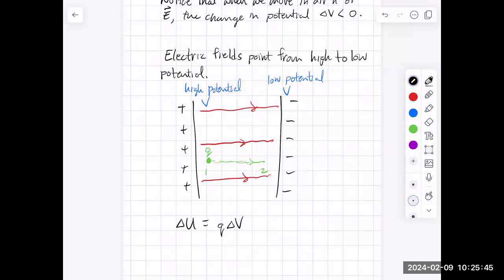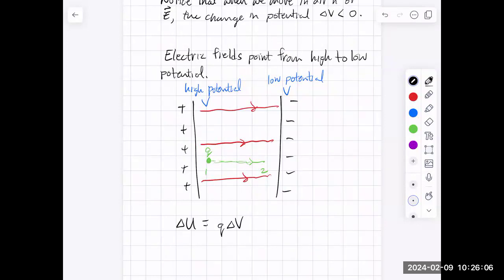We can think of it in a couple of ways. It should be repelled from the positive plate and attracted to the negative plate. And so there's going to be a force that's moving it from 1 to 2. It's going to accelerate, it'll gain speed, and therefore kinetic energy. Another way to think of it is there's an electric field.